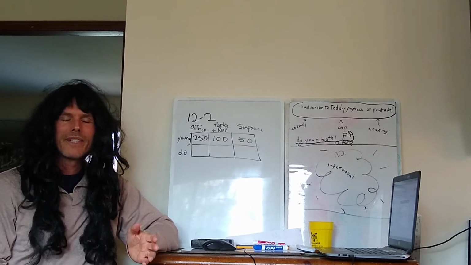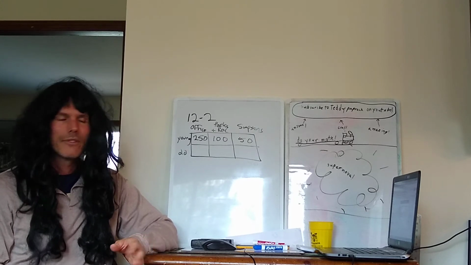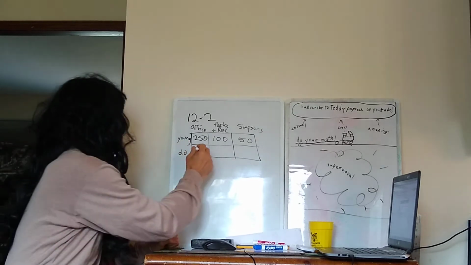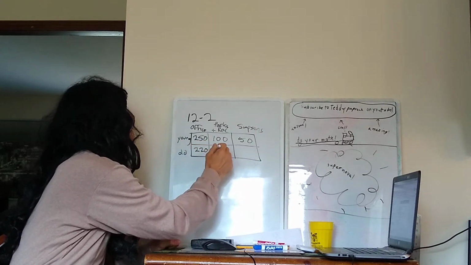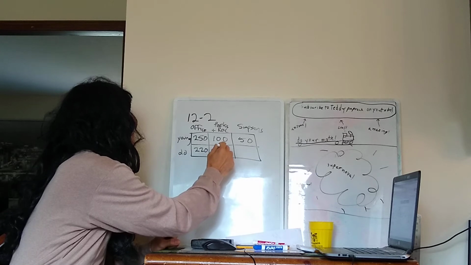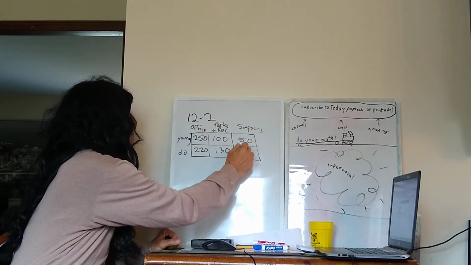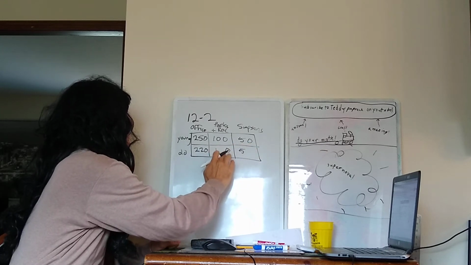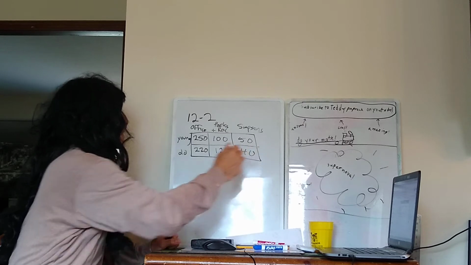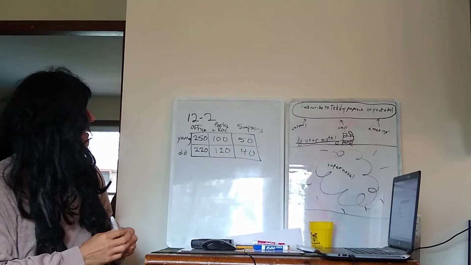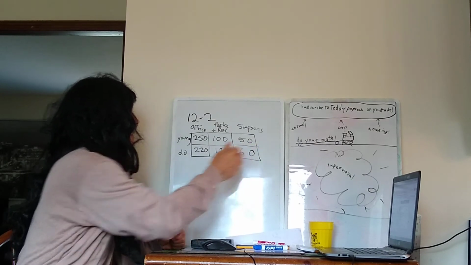I also have data from a random sample of people 40 and over, and for them it broke down like this: 220, 120, and 60.